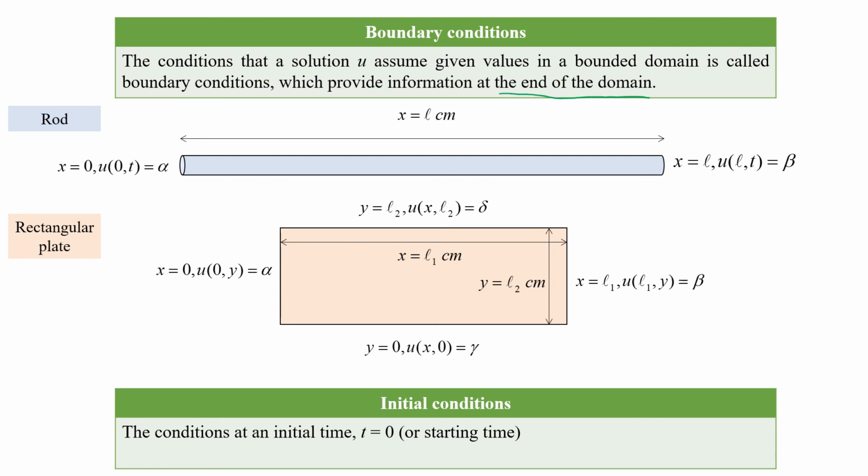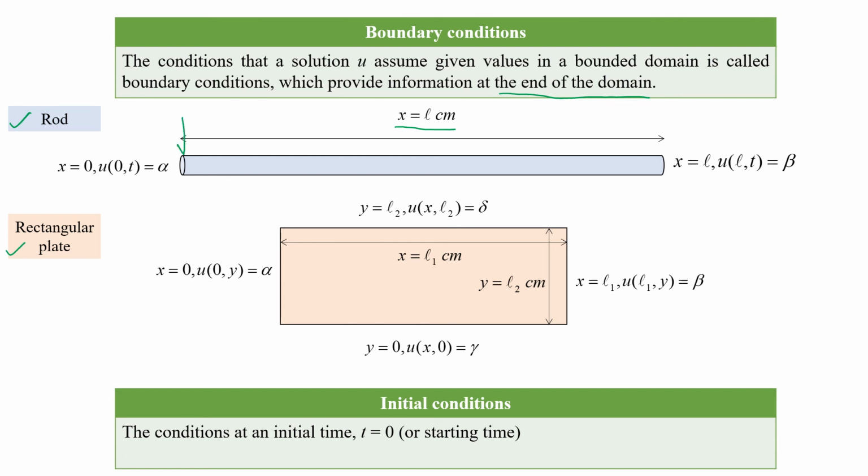For this case, we have two cases. The first one is a rod, and the second one is a rectangular plate. So I give you two examples. Given the rod, where the length of this rod is L cm, the boundary conditions are the conditions at the ends of the domain.